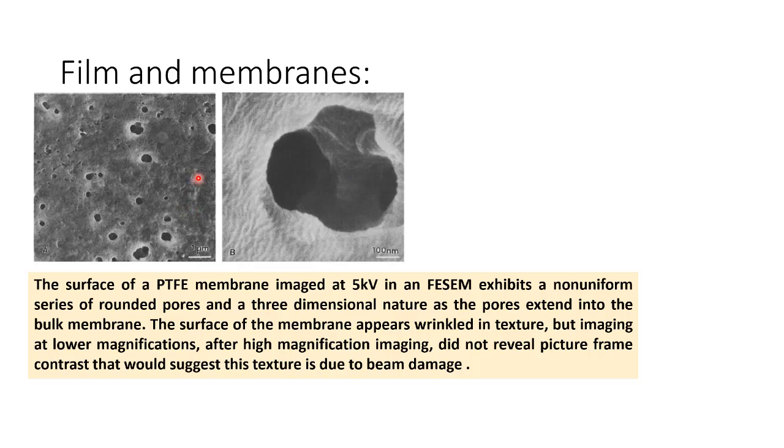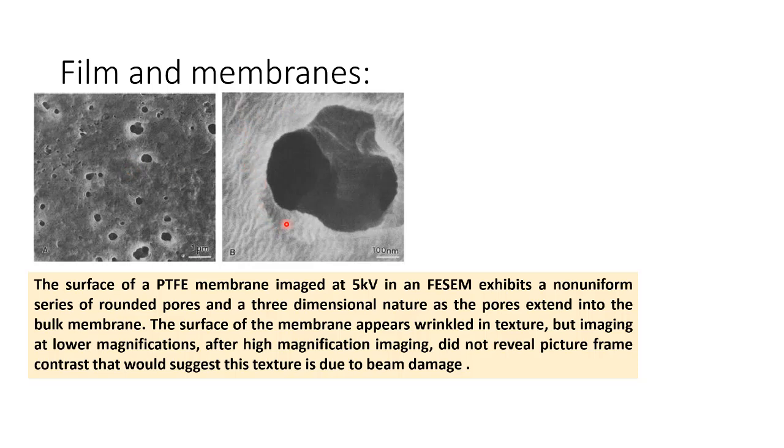Then film and membrane. The surface of this ETFE membrane is imaged over here, and this is the surface. When we see it at higher magnification, it is very clearly showing this kind of morphology present in it. And the surface is appearing very wrinkled, as we see.